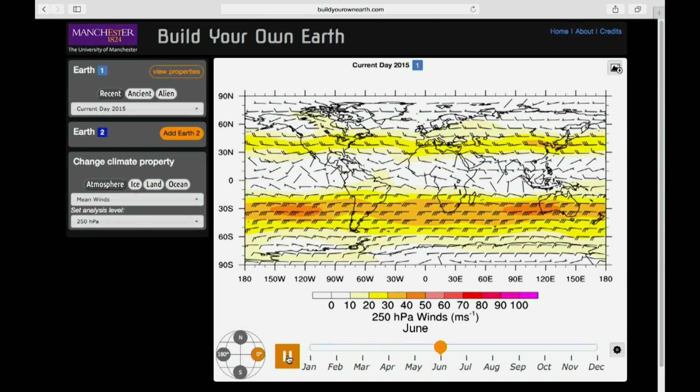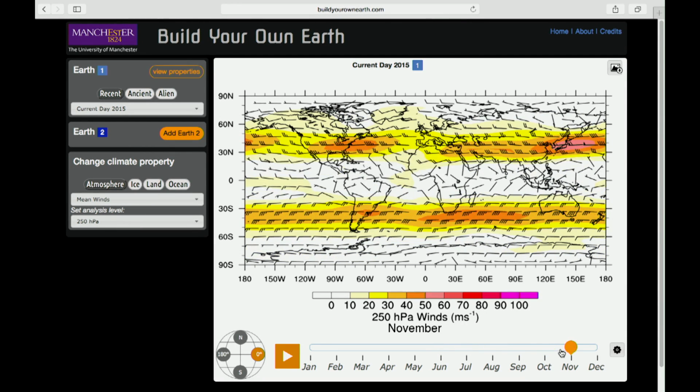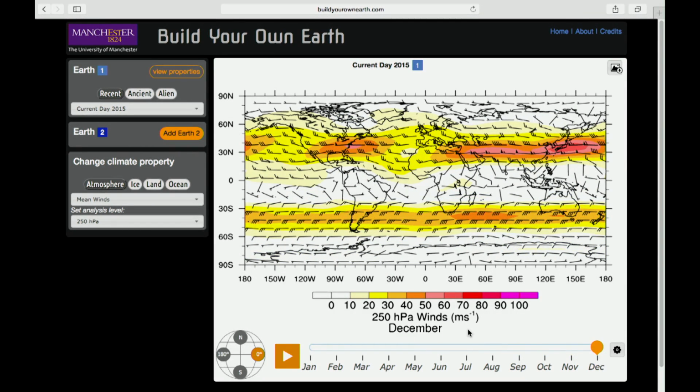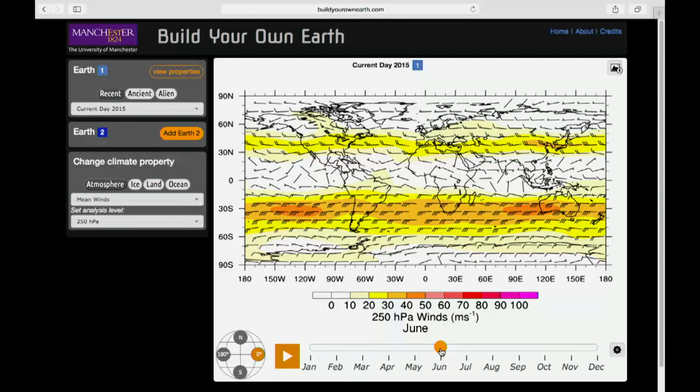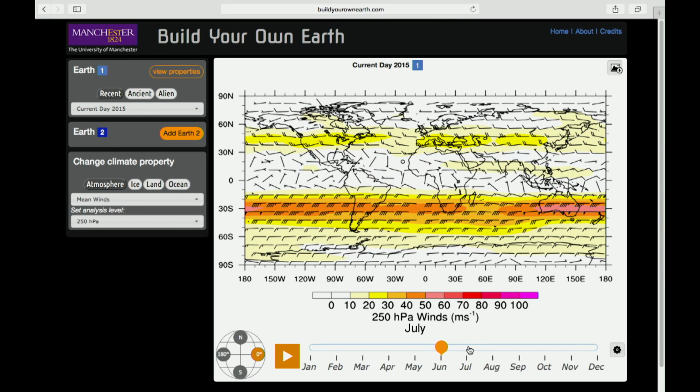If we pause this and scroll through some of the months, you'll notice that the northern hemisphere jet streams are strongest in December and January, where you have wind speeds exceeding 60 to 70 meters per second off the coast of Japan over the Pacific Ocean, and that they are the fastest in the southern hemisphere during June and July, where values over Australia also exceed 15 meters per second.